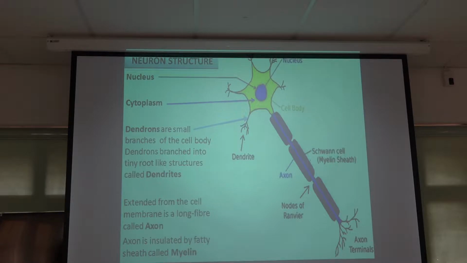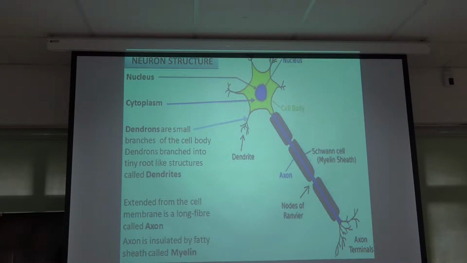But if you see the root-like structures that are very small, extended from the cell body, these are called dendrons. After the dendrons, you have very tiny structures that are called dendrites.